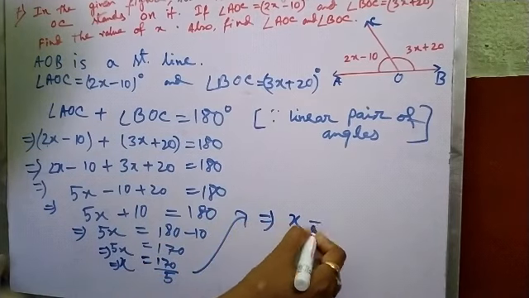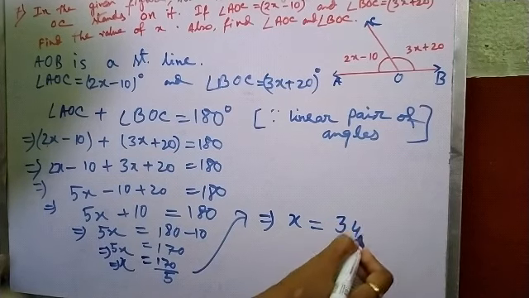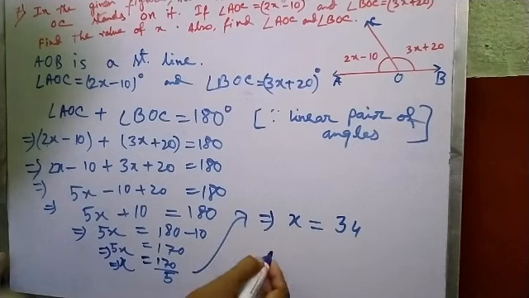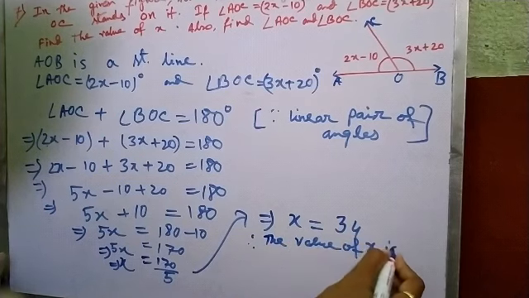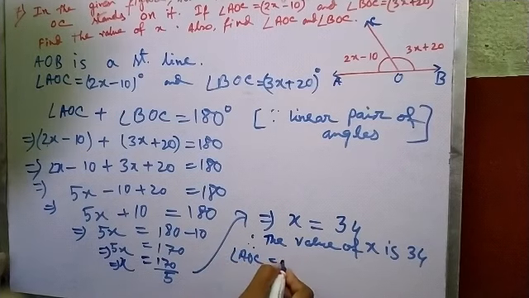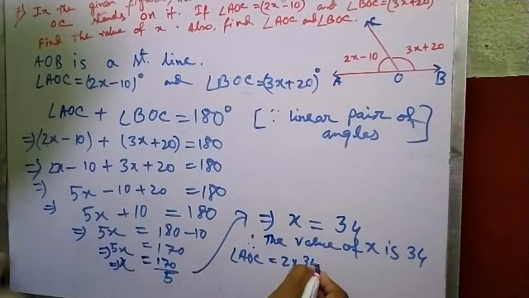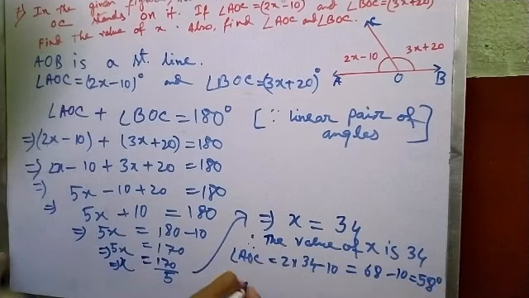Implies x equal to, 5 3s are 15, 5 4s are 20, therefore the value of x is 34. Angle AOC equal to 2 into 34 minus 10, that means 68 minus 10, that means 58 degree.